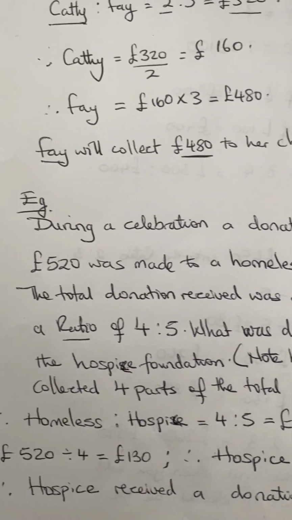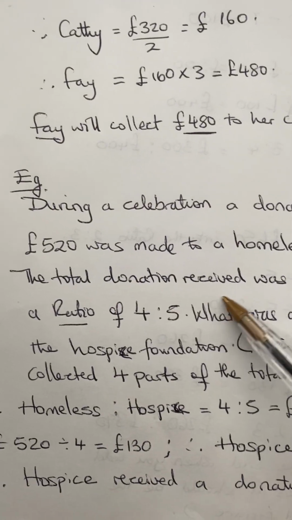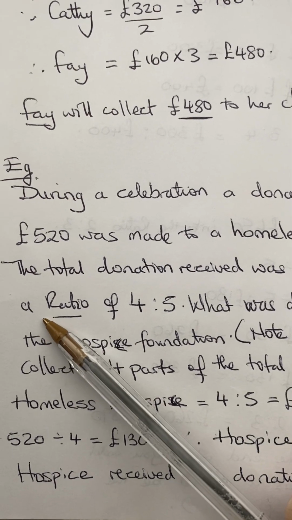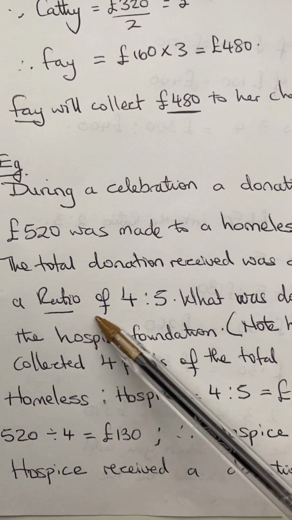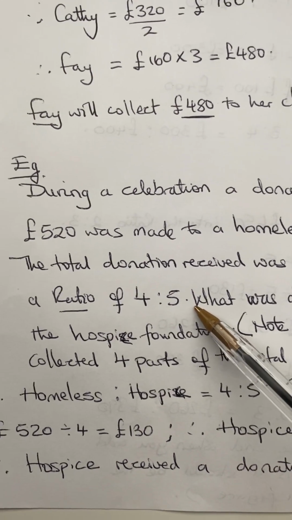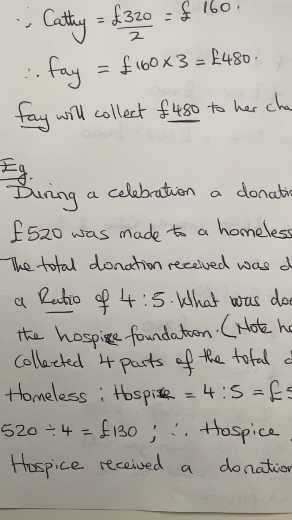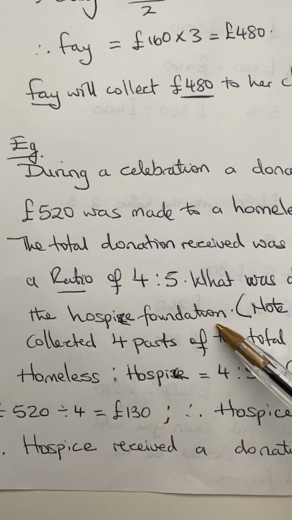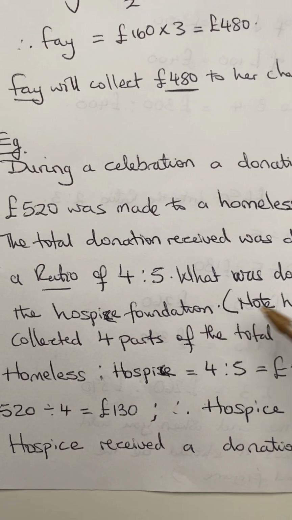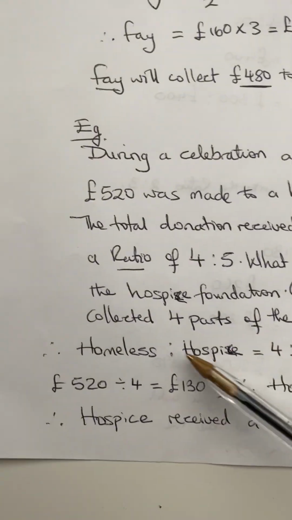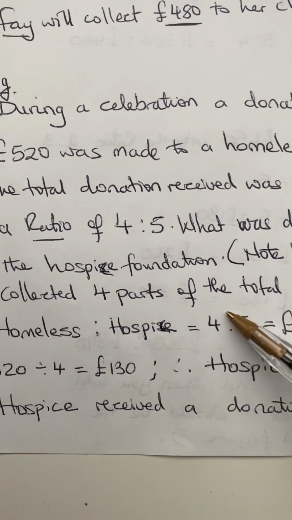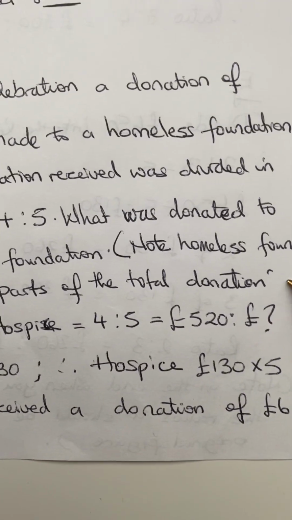The total donation received was divided in a ratio of 4:5. What was the donation to the Hospice Foundation? Note, the Homeless Foundation collected 4 parts of the total donation.